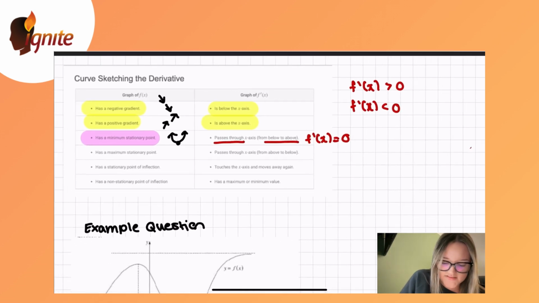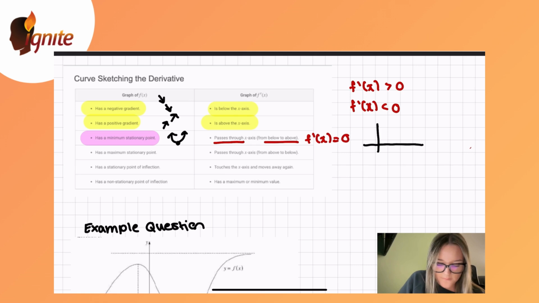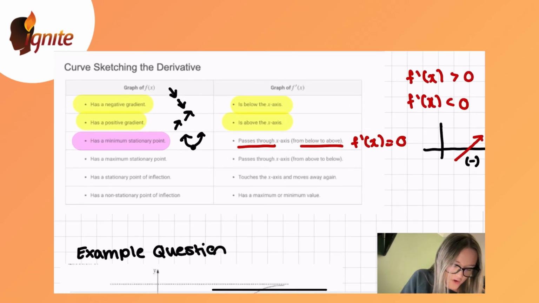So if I draw this here, a minimum stationary point passes from below to above. The graph was decreasing here, but then it becomes increasing, which we can see here. The graph of a concave up parabola was decreasing, and then it increases.